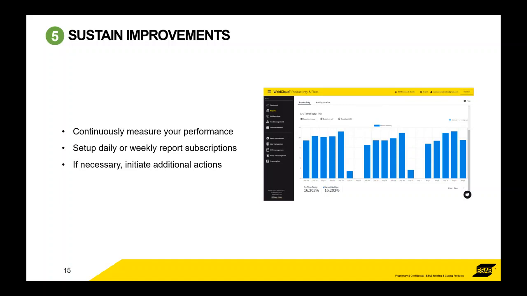Maybe there were some things that you didn't do, or things are starting to deviate, and that's when you need to take action. So phase number 5 is equally important, to making sure that you keep and over time improve your welding productivity.